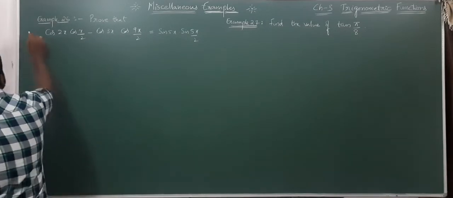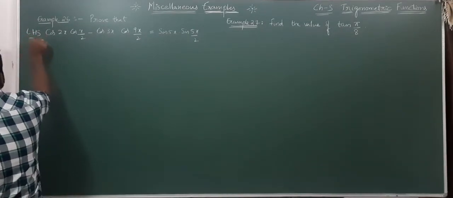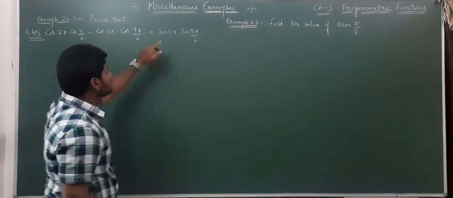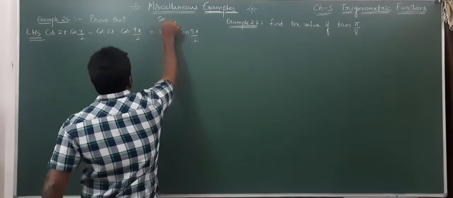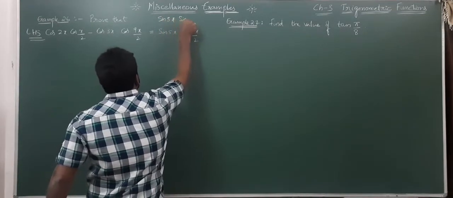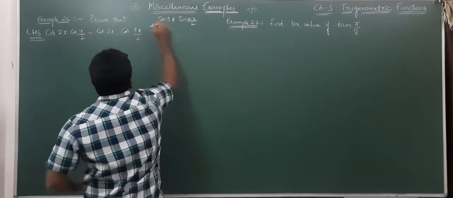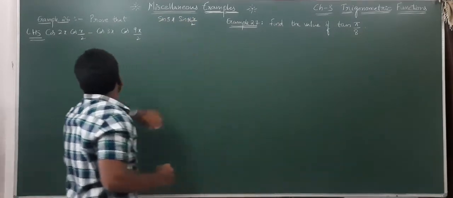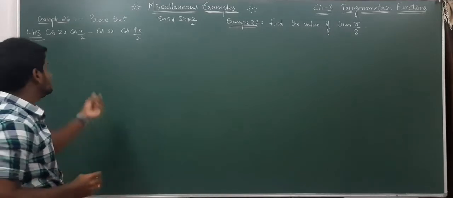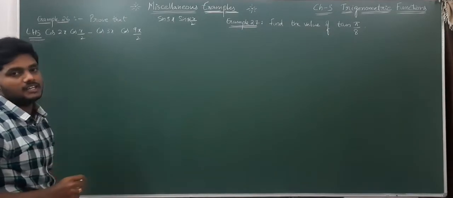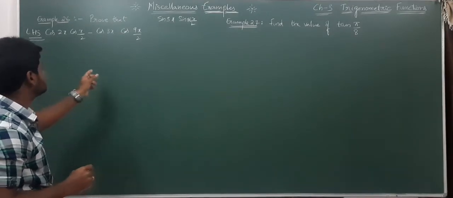First of all, I will consider this as LHS while solving. We need to prove it equals sin 5x into sin 5x by 2. So I will consider this as LHS. Then how to simplify without that particular formula? Yes, we have a particular formula.